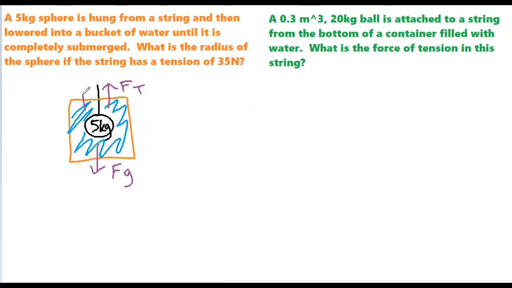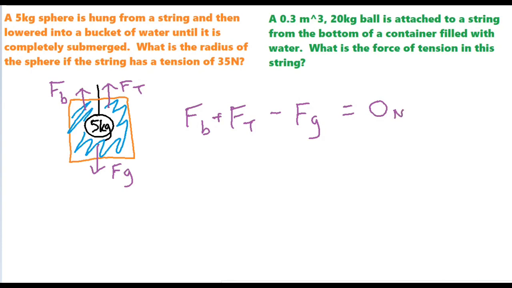And then in addition to that force of tension, we have a buoyant force applying a force upwards as well, which means that if the object is static, at rest, then we have the buoyant force plus the force of tension pulling it upwards, and then we have the force of gravity counteracting that, so we're going to subtract it, and that would equal 0 newtons in total to keep it in static equilibrium.